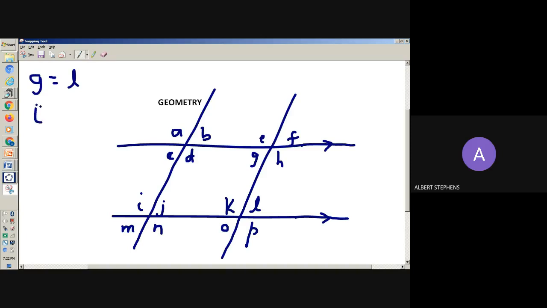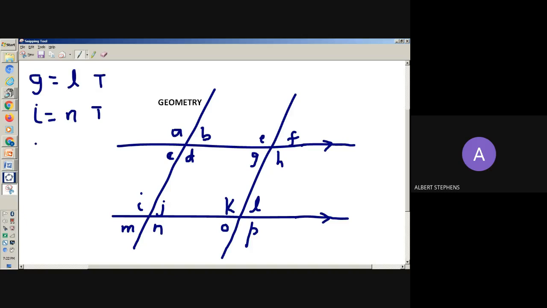Is I equal to N? True. What's the reason? Vertically opposite angles are equal. All right. Cool.